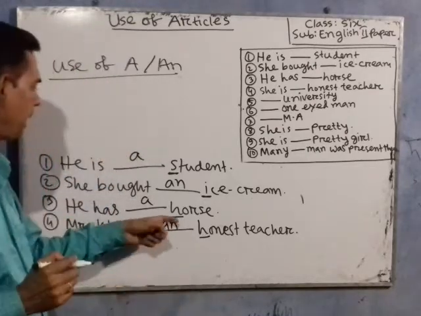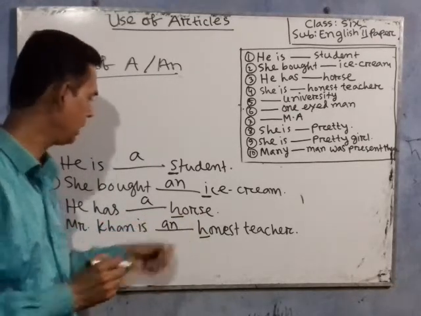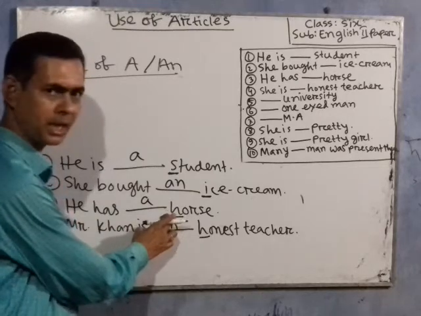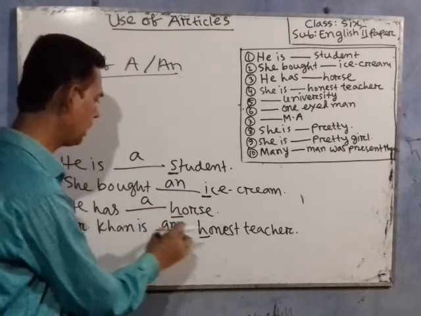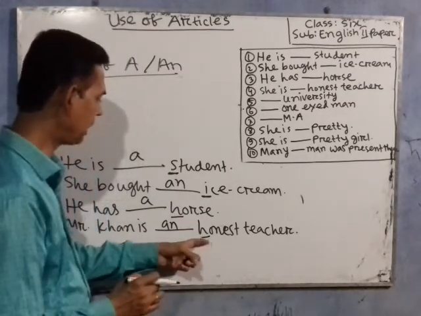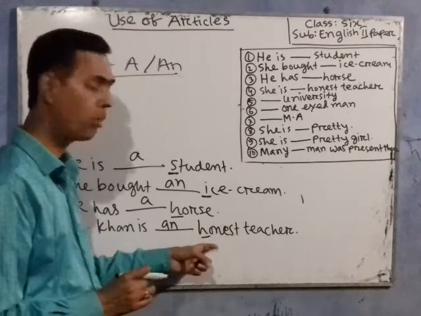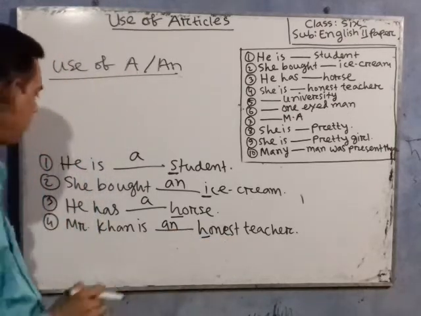So again, here H is pronounced like ho, that means horse. So here A is used. Here H is not pronounced, it sounds like o, that means honest. Here An will be used. Okay, does everybody understand?